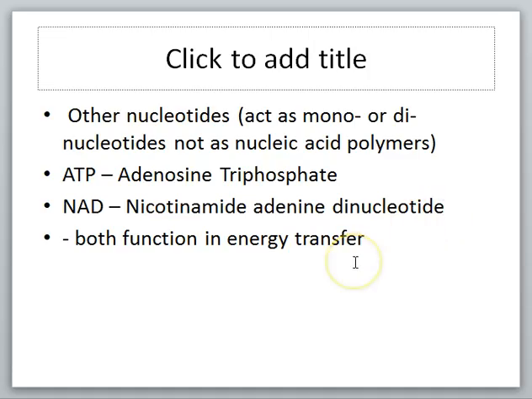And then we have a few other nucleotides besides the genetic material that instead of forming polymers, they just act as one or two nucleotides, and they don't really form a nucleic acid or a polymer. And this would be ATP, adenosine triphosphate, and NAD, nicotinamide adenine dinucleotide. And we'll study both of these in a lot more detail when we get into the chapters dealing with energy transfer.